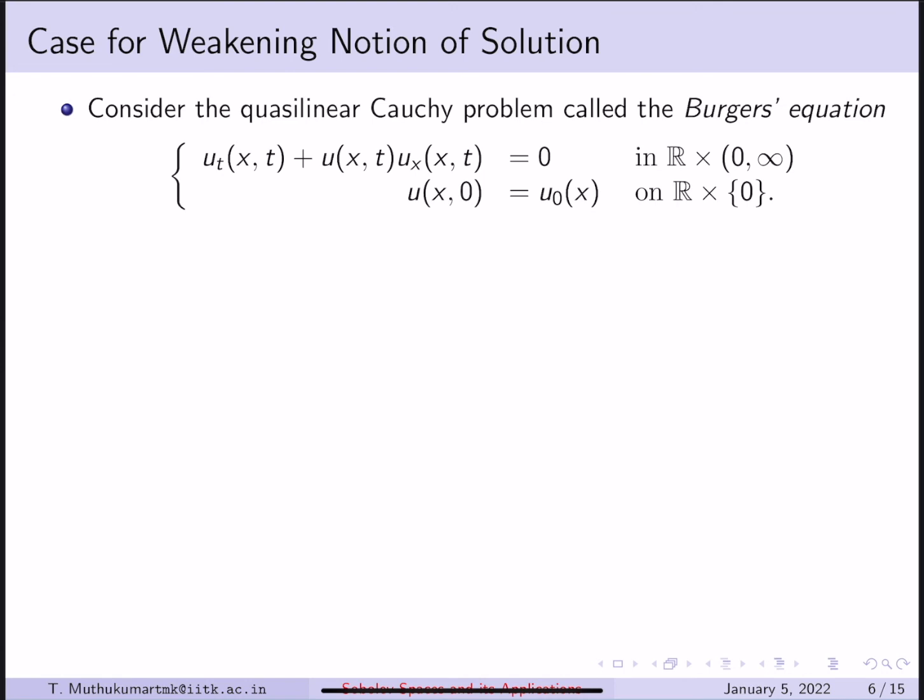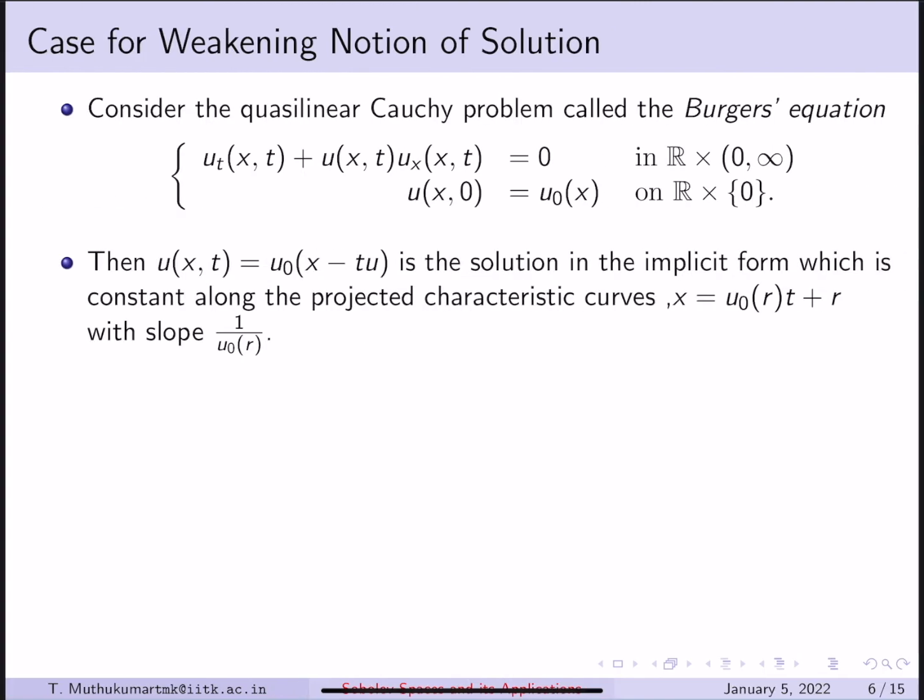In the Burgers' equation, this is like the linear transport equation, but instead of c, you have the unknown u here. You have an initial data. If you go through the method of characteristics, you can find that the general solution is given in implicit form. So u is u naught, where u naught is the initial data, and this unknown u again appears inside as an argument.